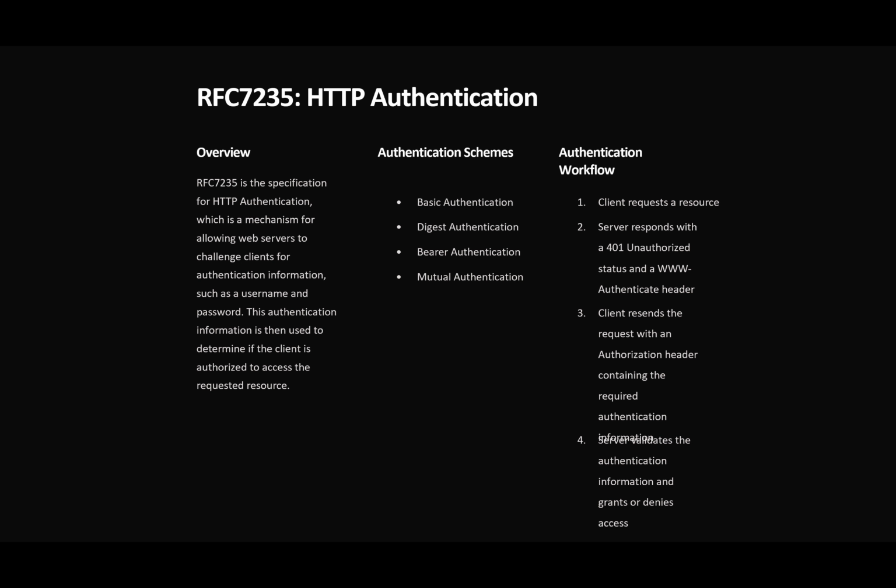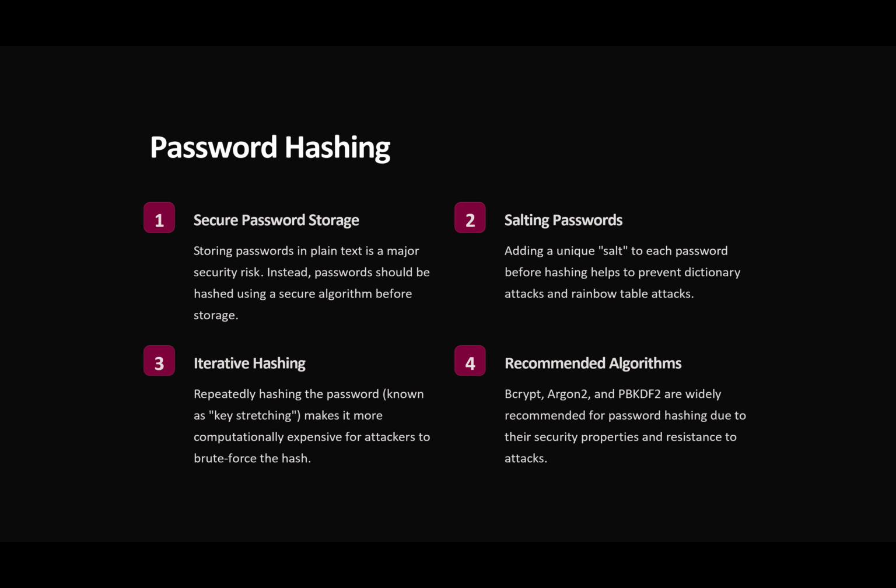So basically, it defines the authentication workflow, which involves the client requesting a resource, the server responding with a 401 unauthorized status and a WWW-Authenticate header, and the client resending the request with the required authentication information in the authorization header.